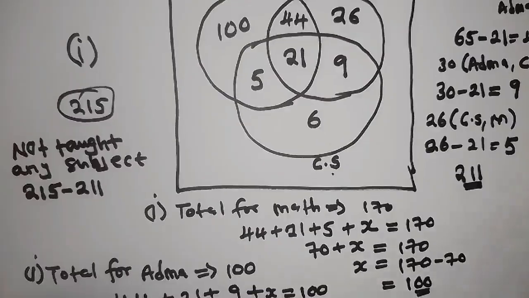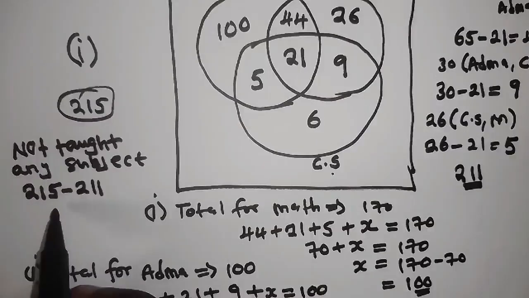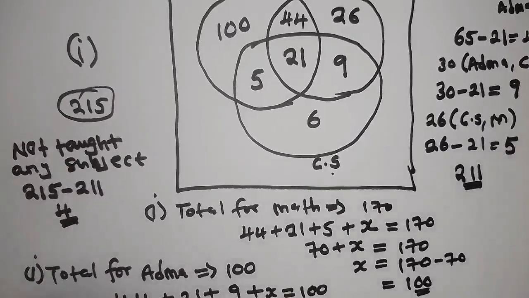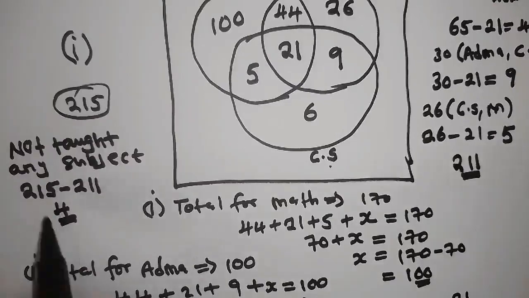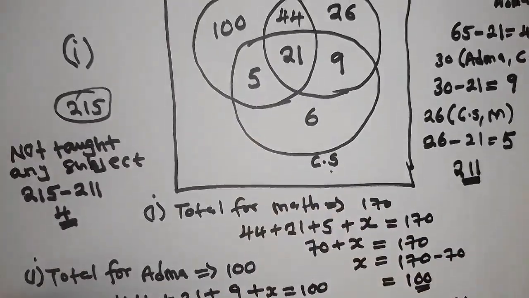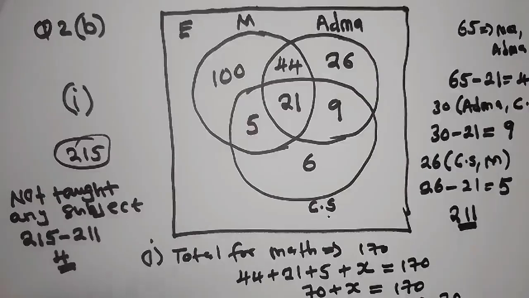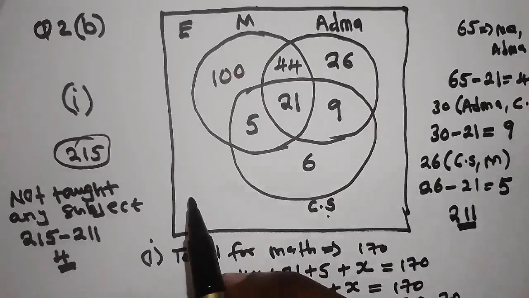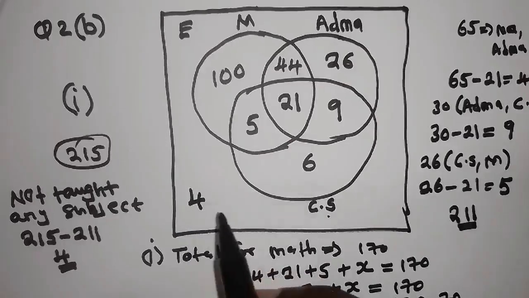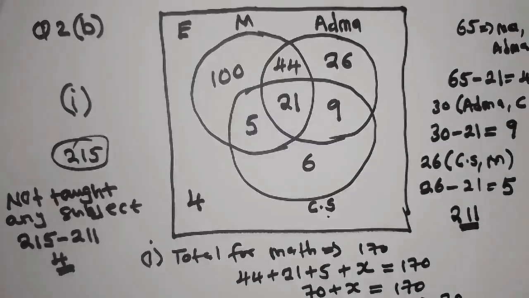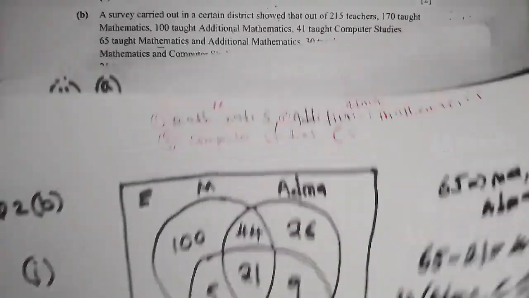Okay, 215 minus 211, you're just going to get 4. Okay, so meaning this 4 does not belong to any of the subjects, or these are 4 teachers that did not teach any subject. So you can just put it outside this specific subject. Okay, so this will help us to answer the question that will follow.